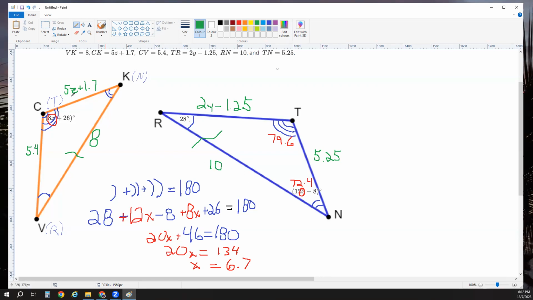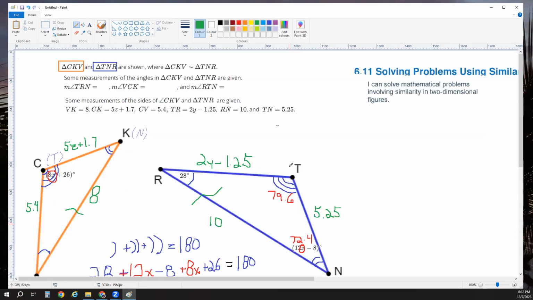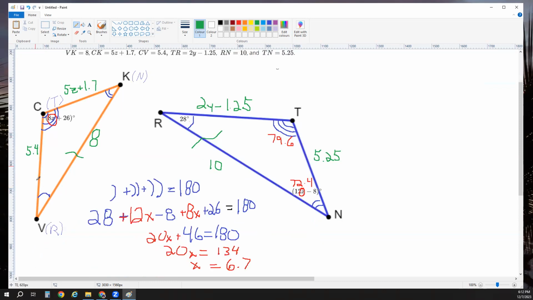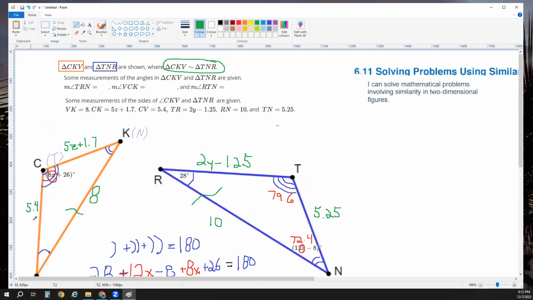Because if they're similar, and it says that the two triangles are similar, we know that this line segment and this line segment are paired line segments. What is that word I used earlier? Anyway, these are line segments that are correlating. They are indeed similar. So this one and this one.